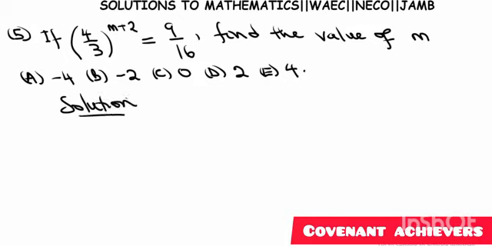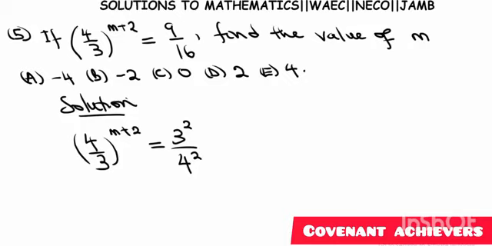From here we have (4/3) raised to power m plus 2, and this equals, you can rewrite 9/16 as 3 raised to power 2, that's 9, over 4 raised to power 2, as you can see over there.